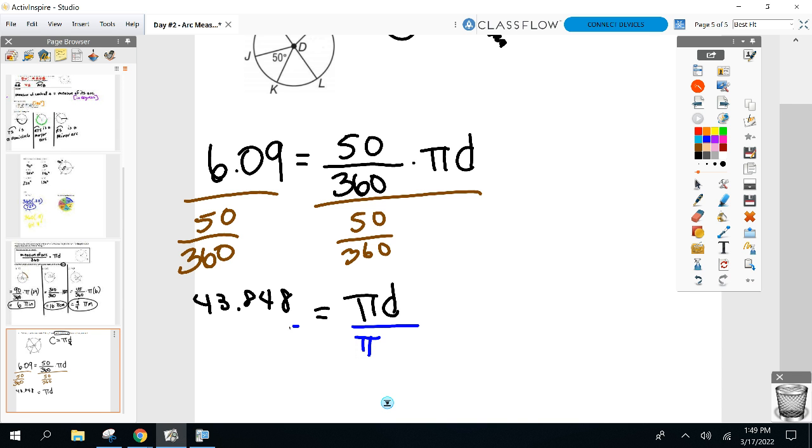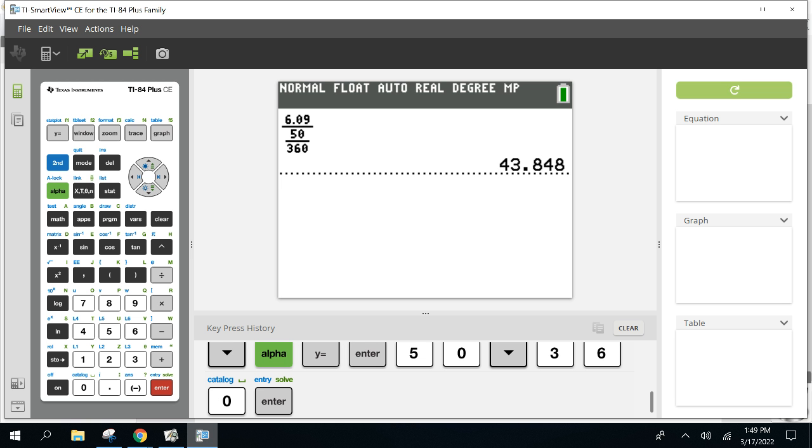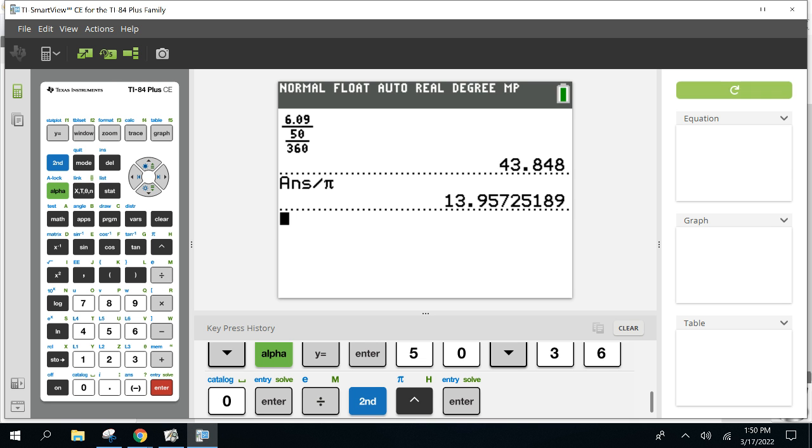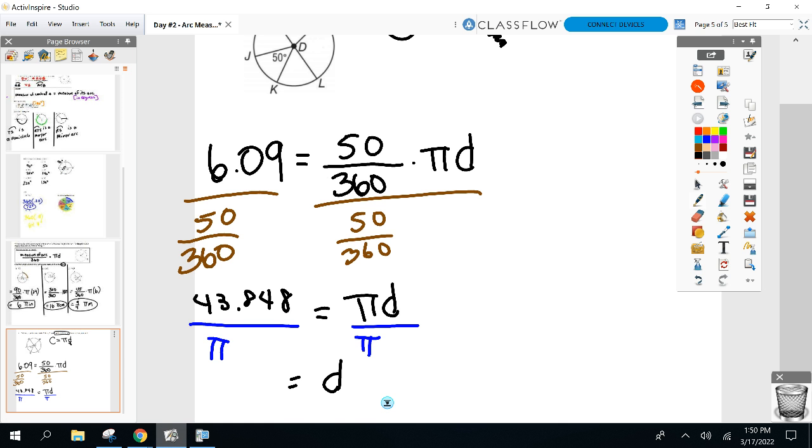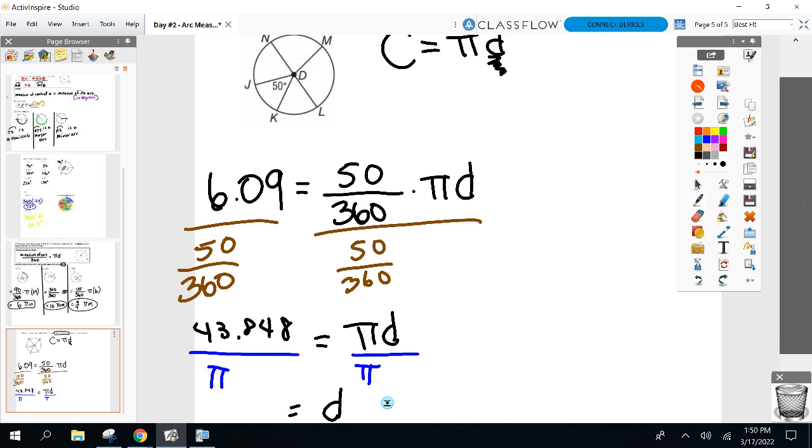Okay, and I showed everyone where the pi button was. I'm surprised no one's calling me out yet, but we'll talk about that at the end, why you could call me out at this point in the problem. So divide both sides by pi, and there's my diameter. Plug it back into the circumference formula, and I think some of you are going to see what I was talking about a few seconds ago, where you could have called me out.